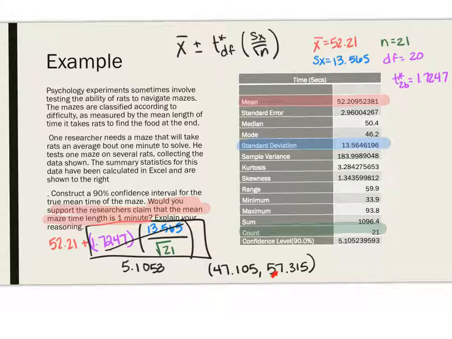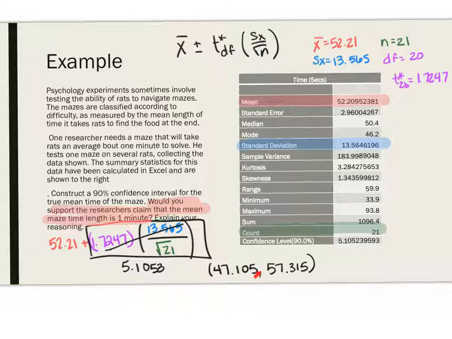No. Why not? Well, if it were 1 minute, what value should sit inside of this interval right here? We should see 60 seconds sitting inside of here. And because we don't see 60 seconds inside of here, what does that tell us? Well, 47 and 57 are both lower than 60 seconds. So what does it say about the difficulty of the maze? It's probably too easy, or it's not the minute that the researcher is looking for.